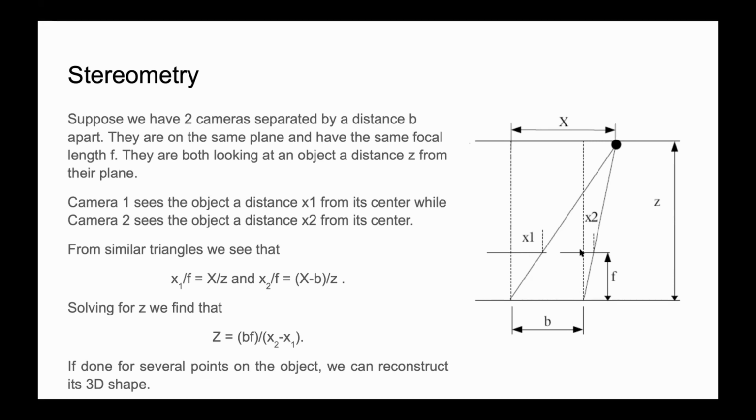Meanwhile, the other eye or camera sees the object a distance x2 from its center. Right. Now, these two cameras or eyeballs are separated by a distance b. Let's assume that they have the same focal length, f. Okay? So at this distance, ito yung focus.